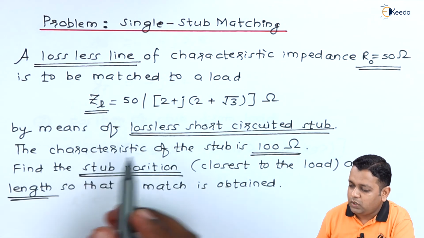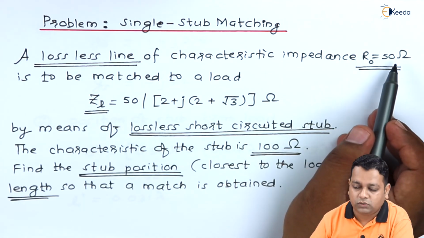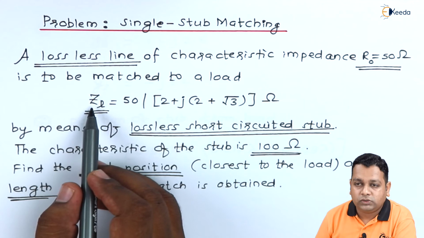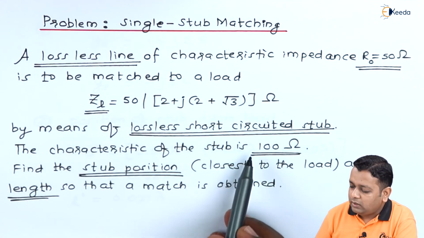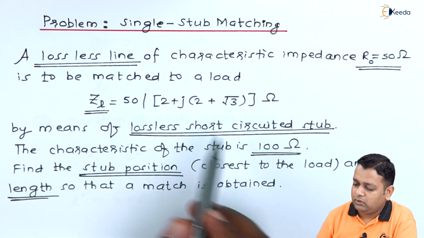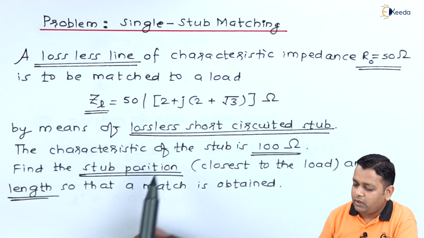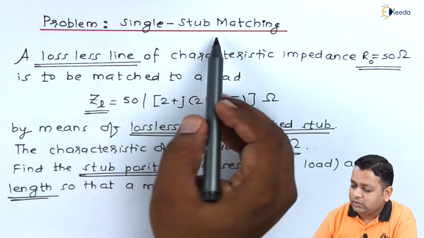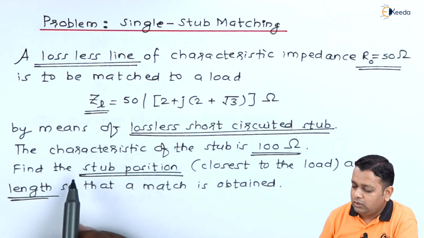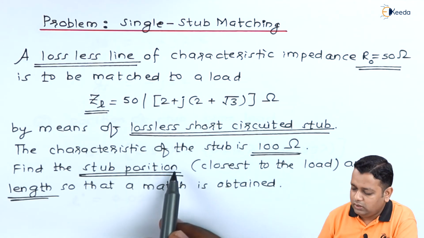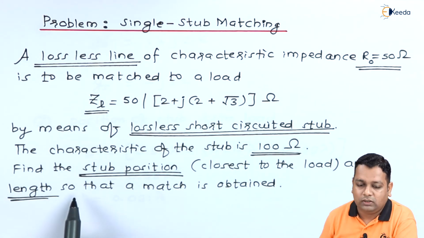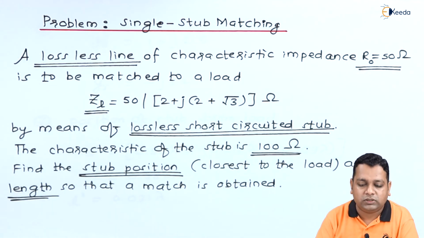So here we get back to the problem statement. In the problem statement, we were provided the characteristic impedance of the line, the load impedance of the line, and the characteristic impedance of the stub here. Both were of lossless type, and with the help of single stub matching, we have found the position of the stub here and also the length here. So we get back to the Smith chart here.